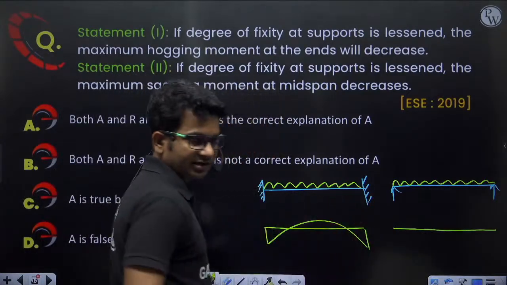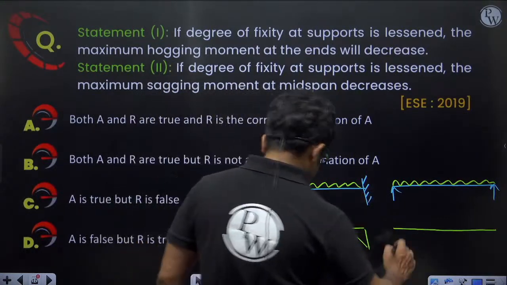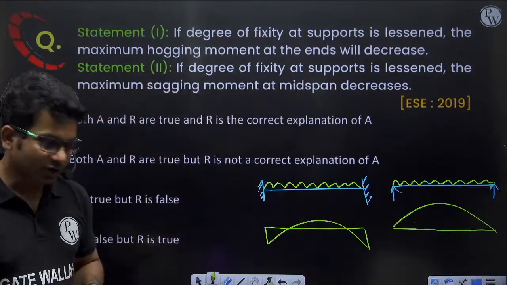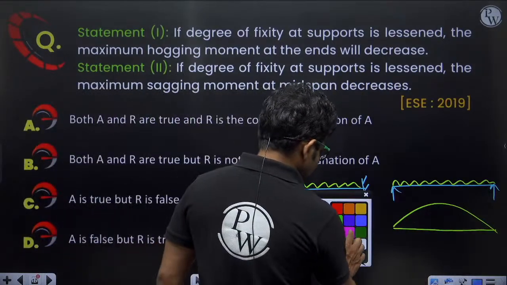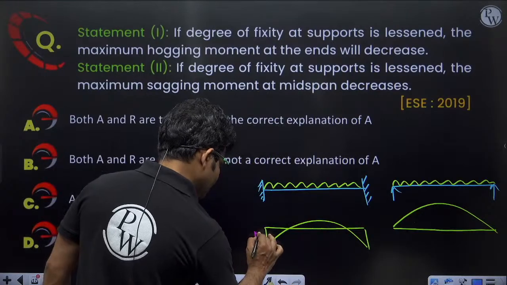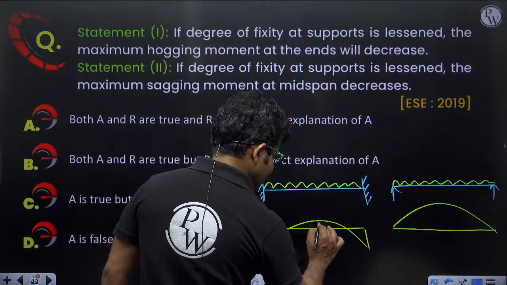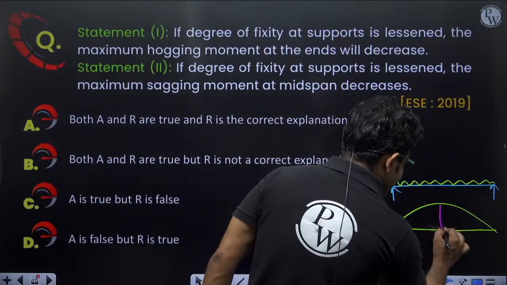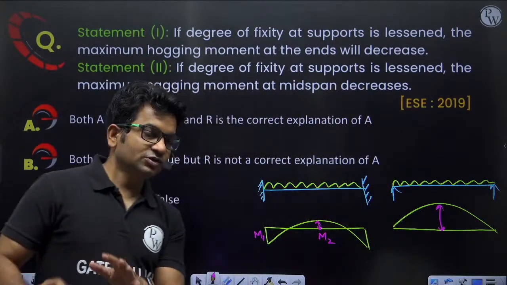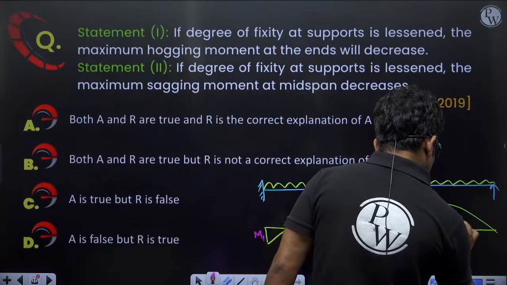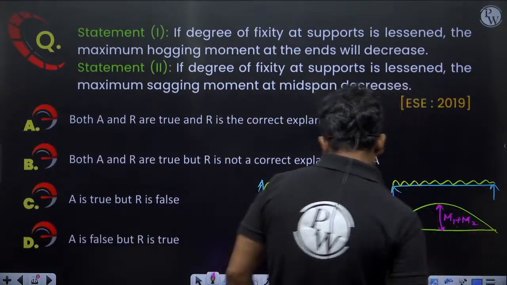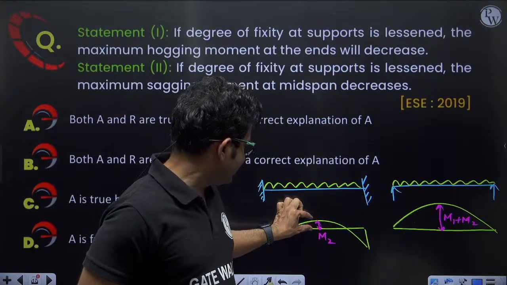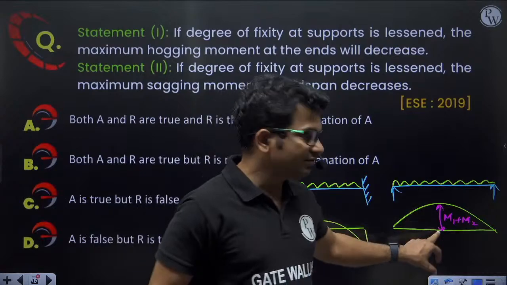Hogging bending moment is generated, and at this location in this simply supported beam, I am getting this type of bending moment. Okay. So let us say this value of bending moment is m1, this value of bending moment is m2 here. What is this value of bending moment here? If you check, you will see that this is m1 plus m2. So whatever bending moment we are getting here plus whatever bending moment we are getting here, if we add both of them, here we are getting m1 plus m2.